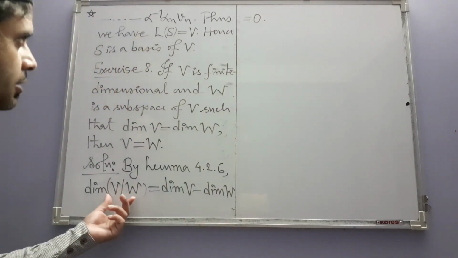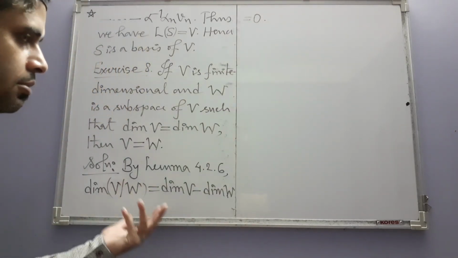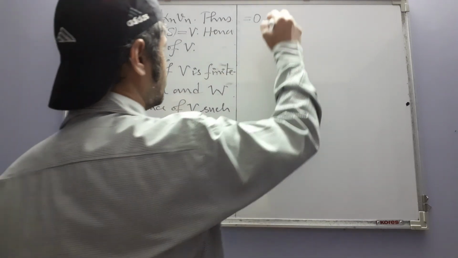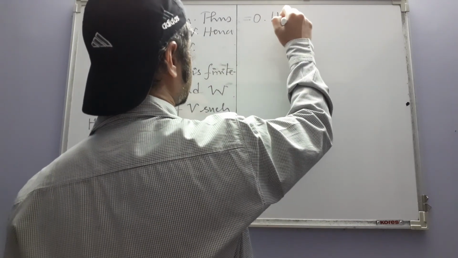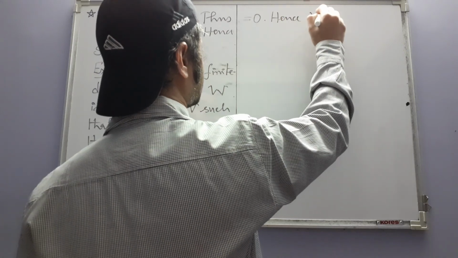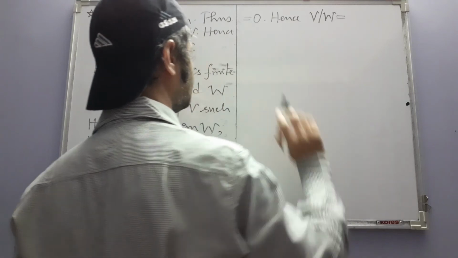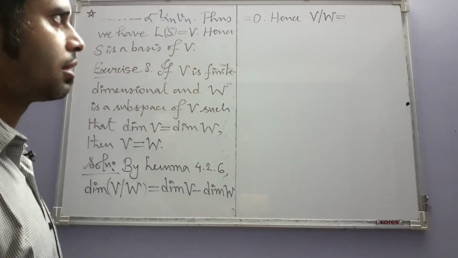Now the quotient space has dimension 0, that means it's the 0 space. Hence, the quotient space is the 0 space. What will you write here in terms of W?